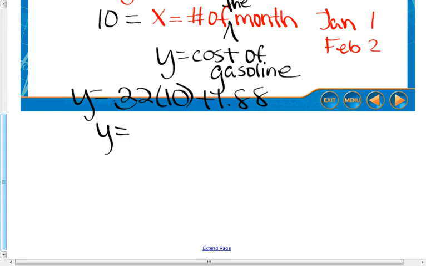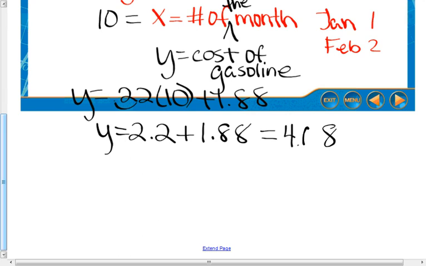So y equals 2.2 plus 1.88, and that equals, let's go with $4.08. You could use your calculator, but $4.08 is what I'm getting. Now, that's the cost of gasoline. How much gasoline was that? That was a gallon, right? Cost of gasoline per gallon.